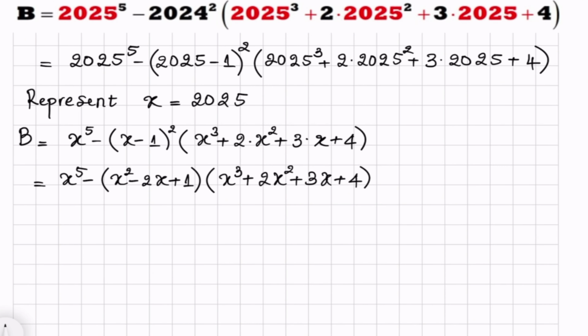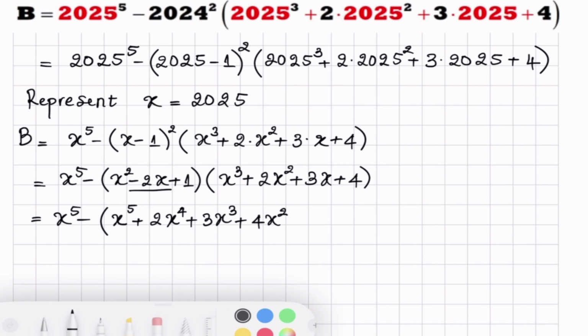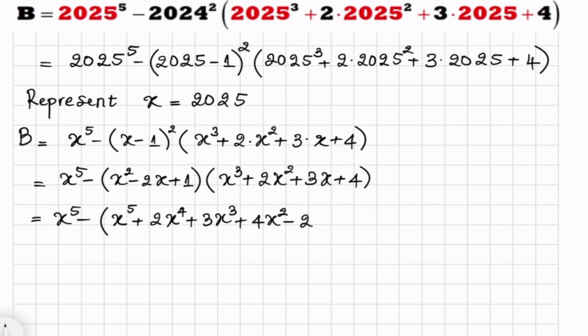Okay, so the next step we need to expand these two factors. So I will take x squared and multiply it into the second factor, so we will get x to the power 5 plus 2x to the power 4 plus 3x cubed plus 4x squared, and then it is minus 2x times the second factor, so we will get minus 2x to the power 4 and then minus 4x cubed and then minus 6x squared minus 8x, and now is the last term.